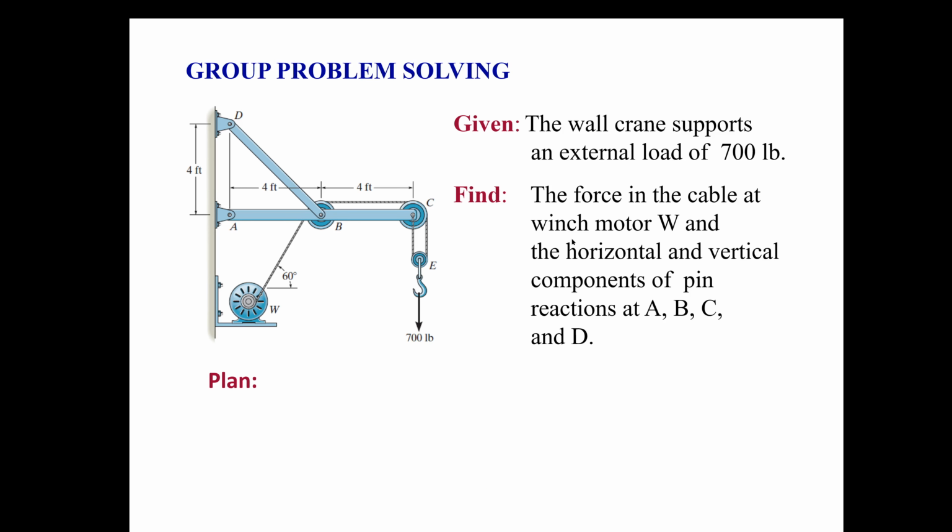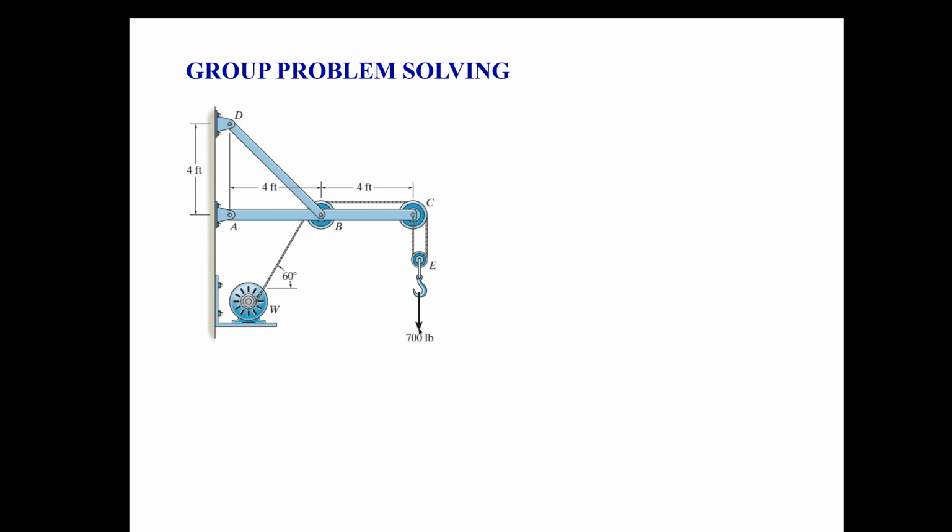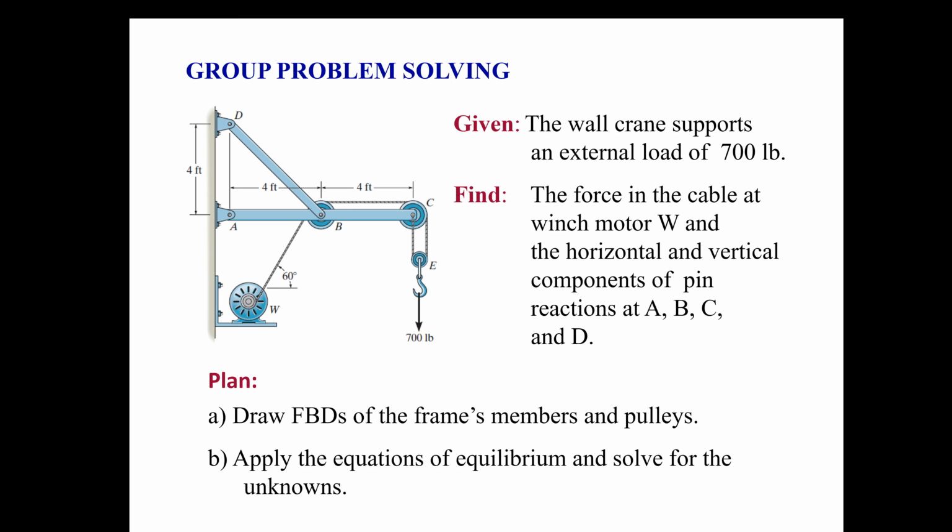Okay, so here's another problem. This wall crane supports a load of 700 pounds. And this is a frame and machine together. I'm going to use the same plan as before. We'll draw the free body diagram.